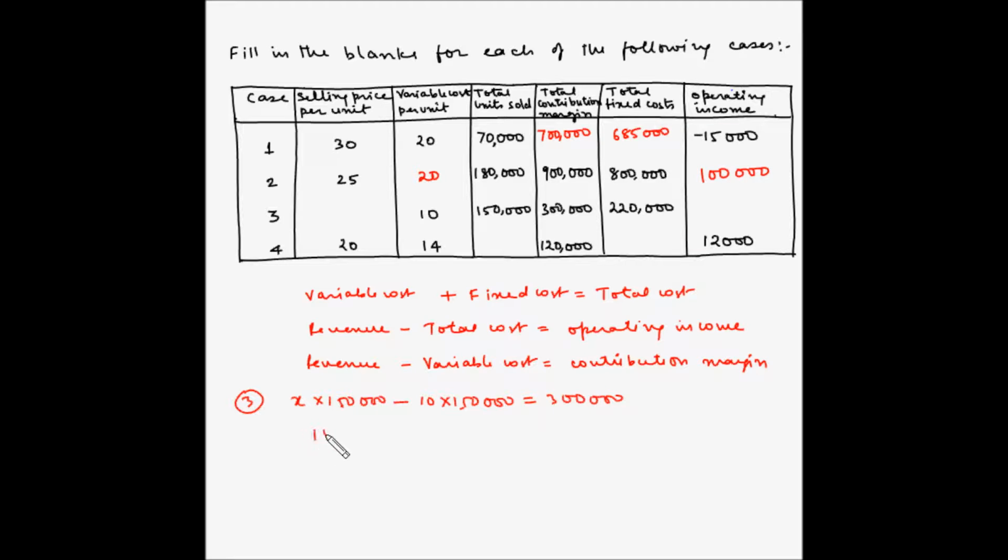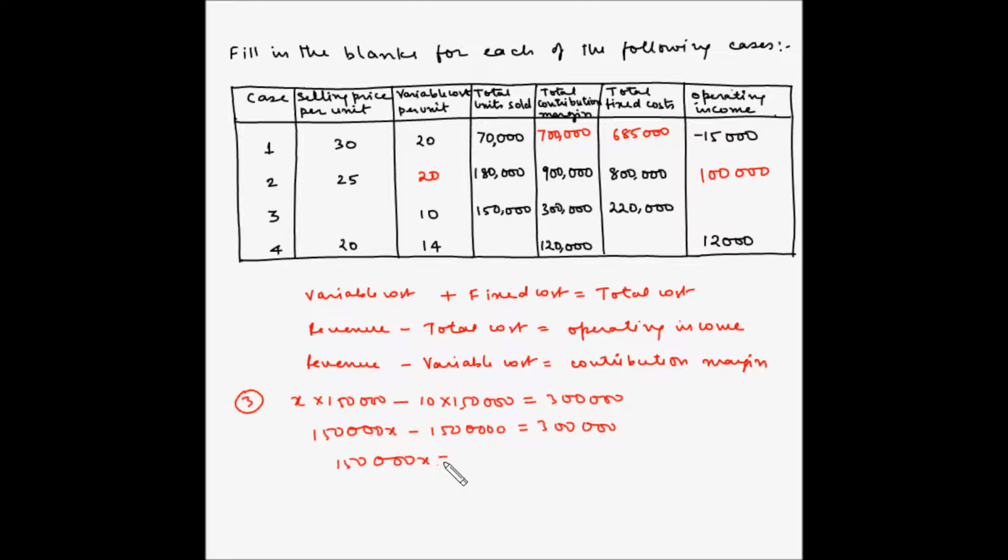So 150,000 X minus 150,000 and then one more zero of 10 is equal to 300,000.